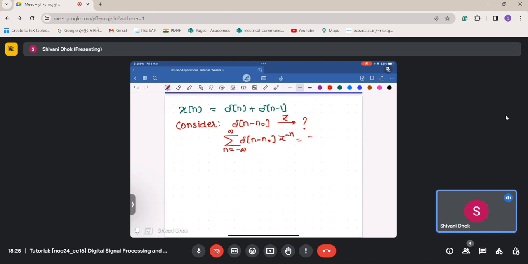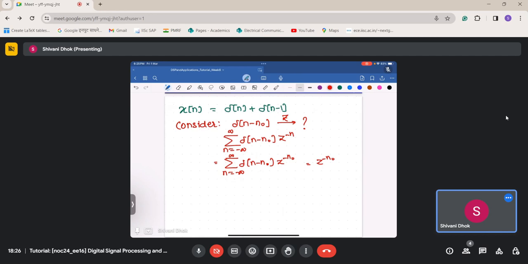This I can write as summation of delta n minus n naught times z to the power minus n naught, and the summation of the delta is equal to 1. So what I'm left with is simply z to the power minus n naught.